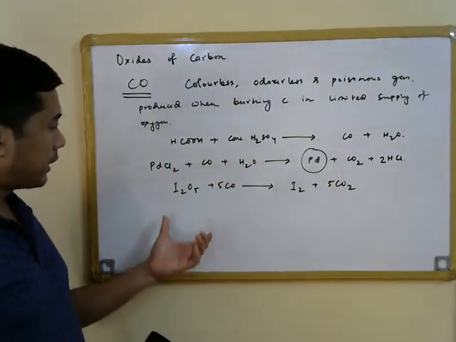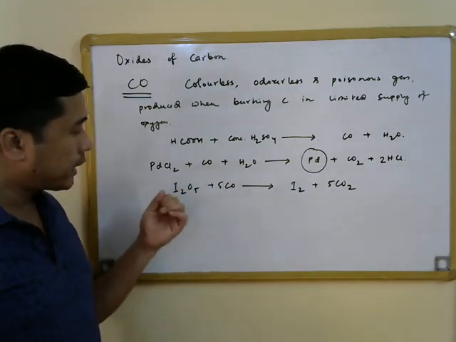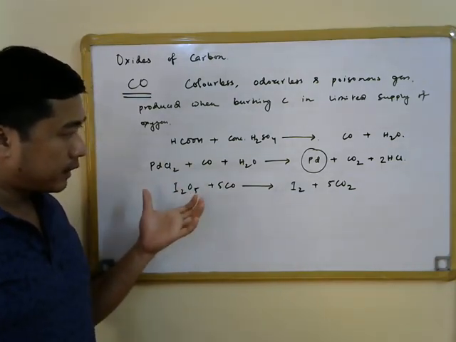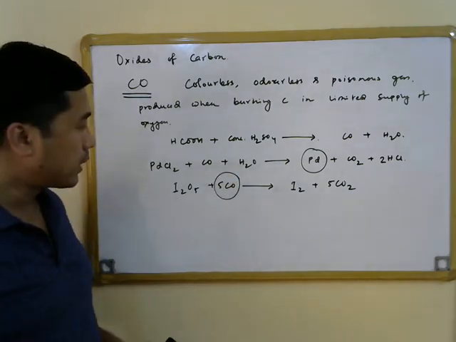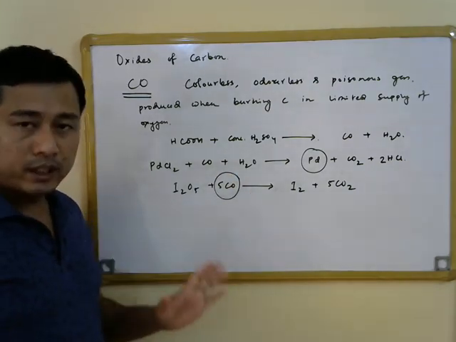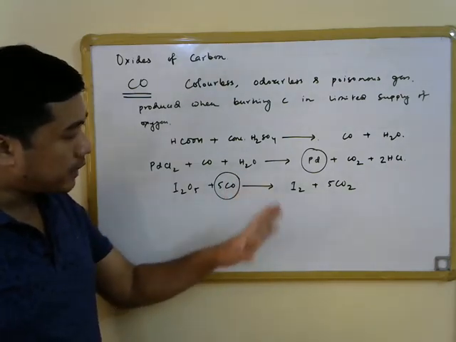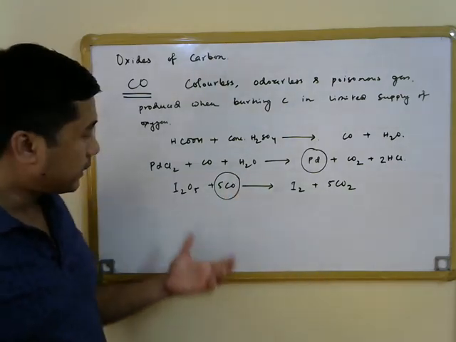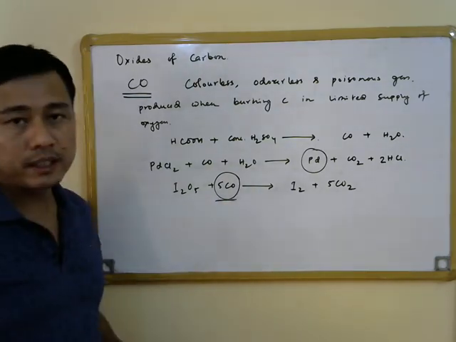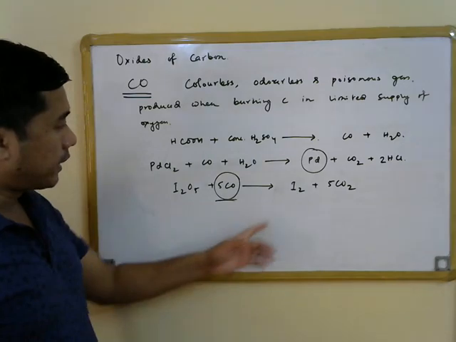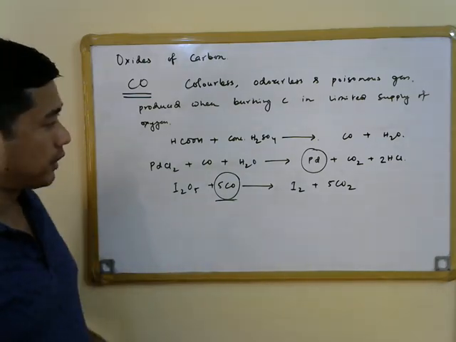This reaction can be used again as a tool to estimate the amount of carbon monoxide quantitatively, because the iodine that is produced can be titrated with sodium thiosulfate, and that will allow us to estimate the amount of carbon monoxide in a given system by doing iodometric titration.